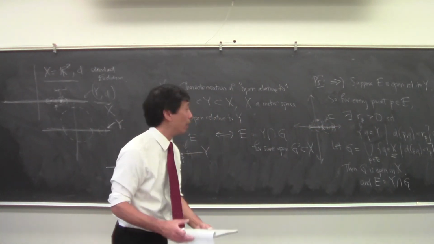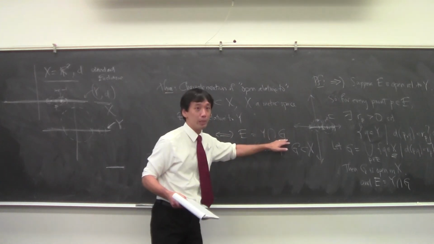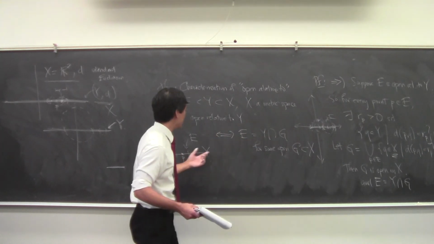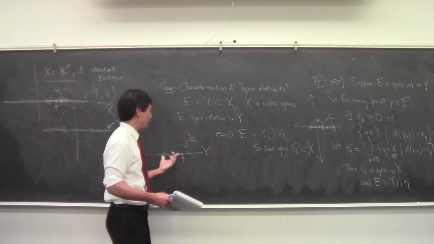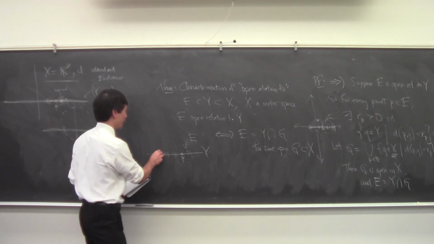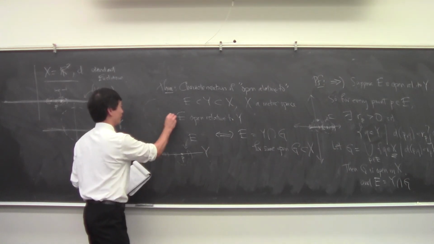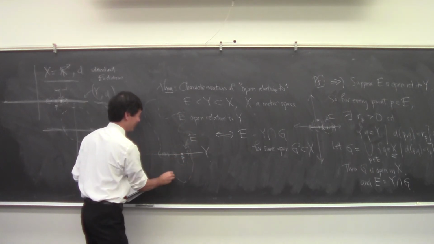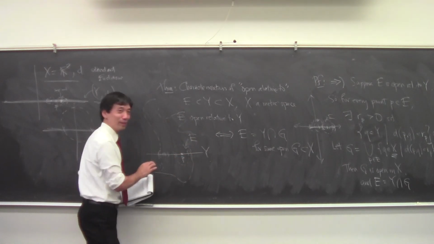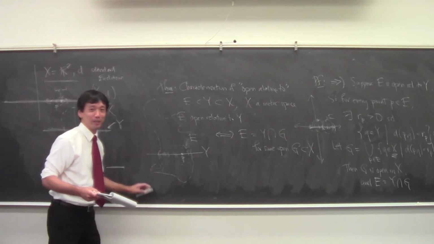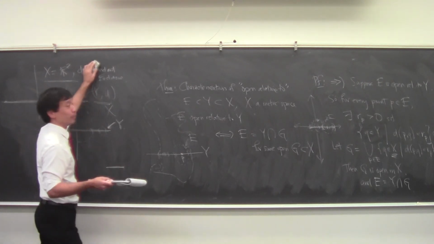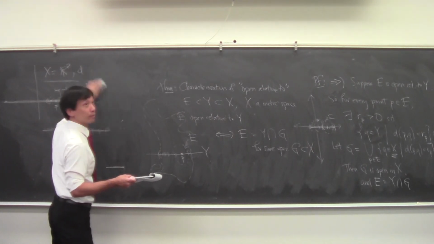All we want is that there is some open G in X whose intersection with Y gives us E. And so we can make lots of them. All you care is that there's some G that will work.